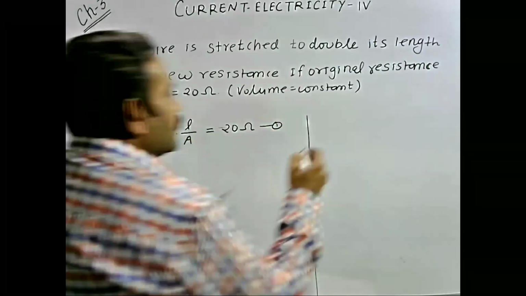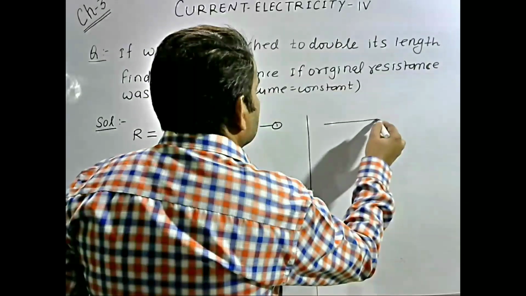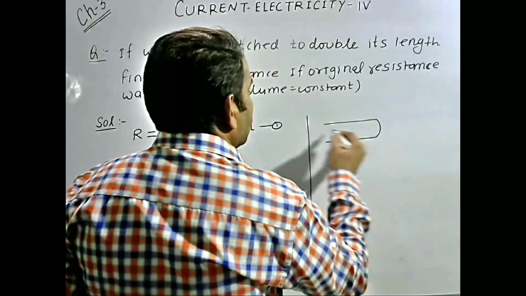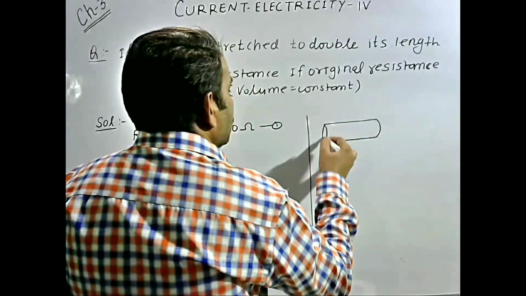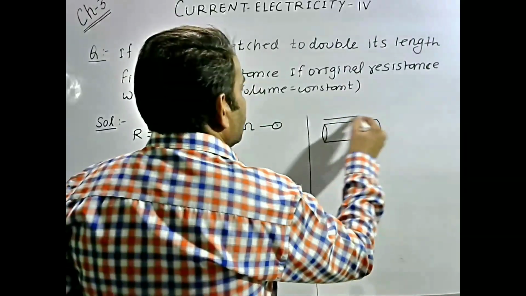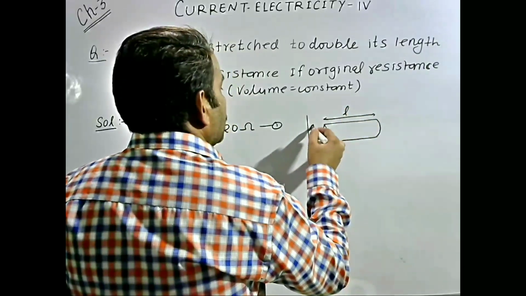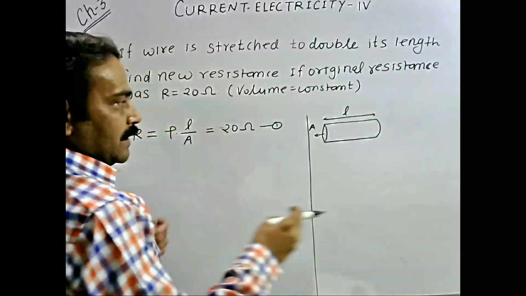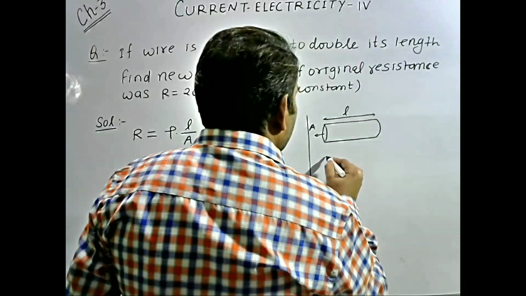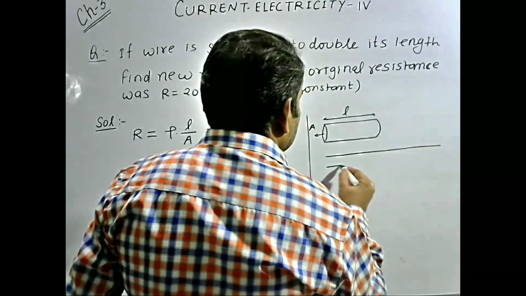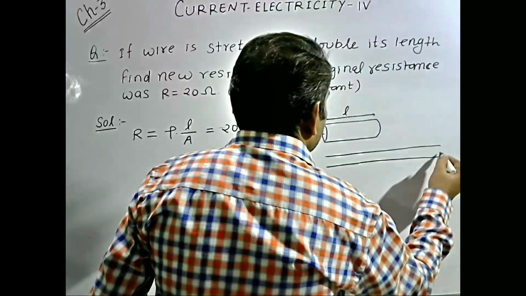Understand? Suppose this is the original wire or conductor. Consider its length is L. Area of cross section is capital A. Now its length is increased to double its length by stretching.